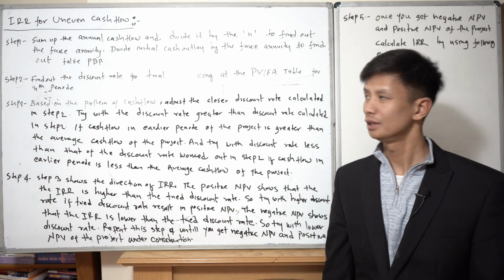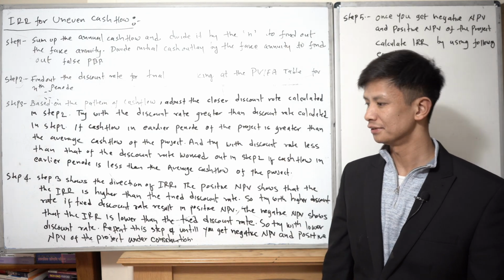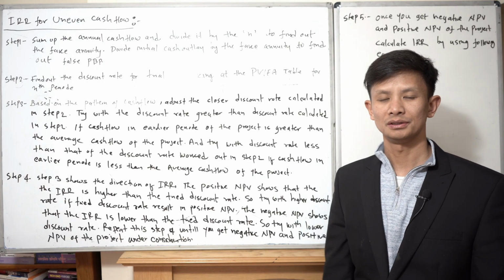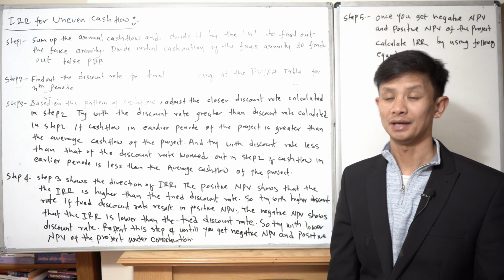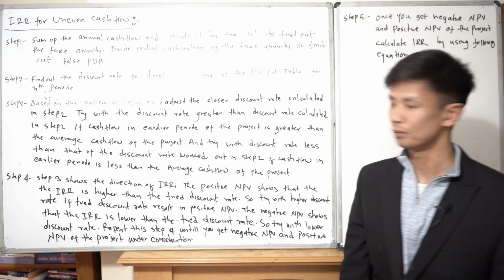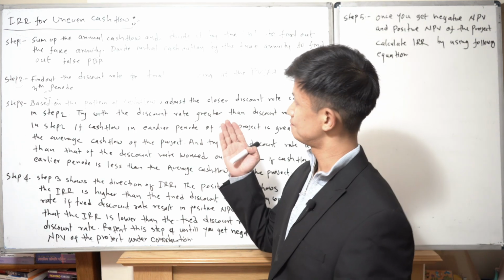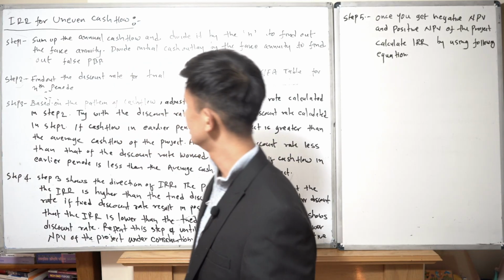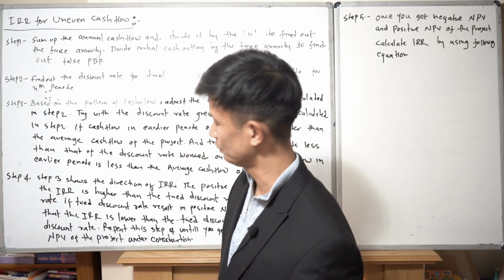Now let's have a look at the IRR for uneven cash flows. We have previously done the IRR for even cash flow. There are some steps that need to be followed to calculate IRR for uneven cash flows.